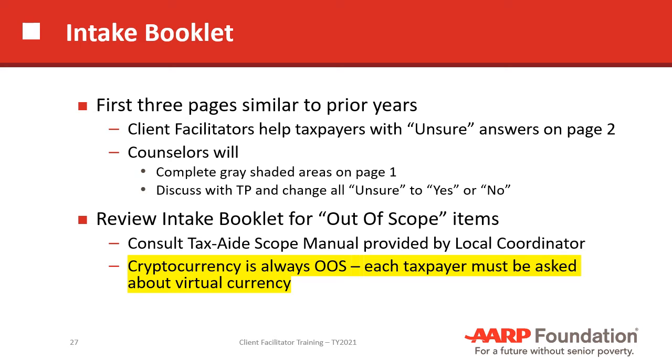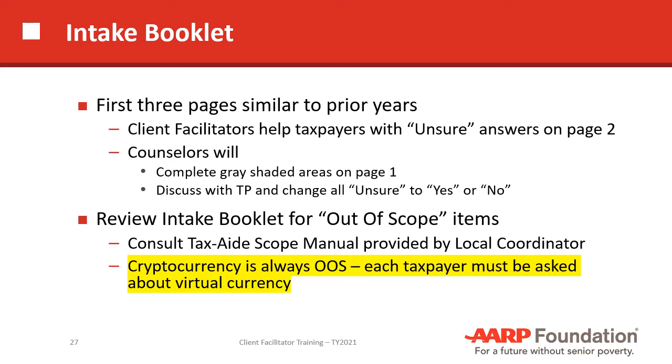In some cases, client facilitators can't get to the yes or no answer, and they can leave them marked unsure, and then the counselor will ask further questions and eventually get those answers to be yes or no.